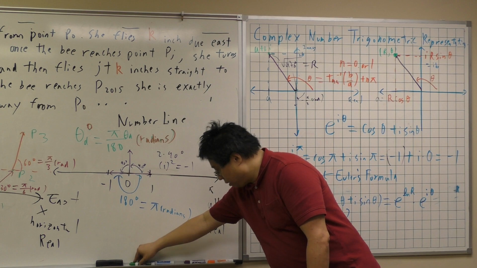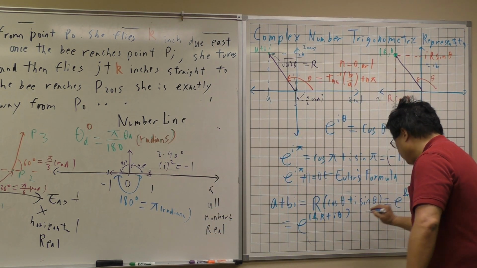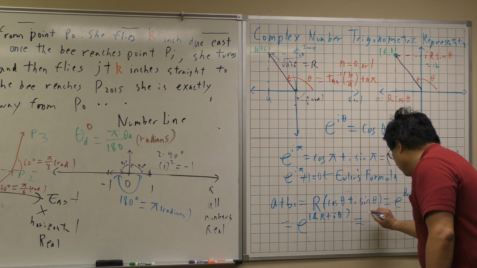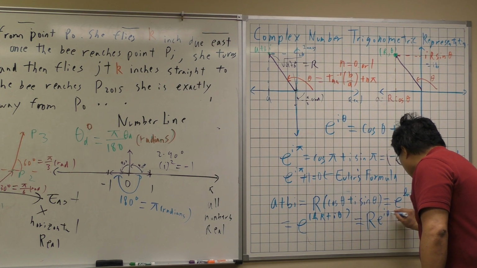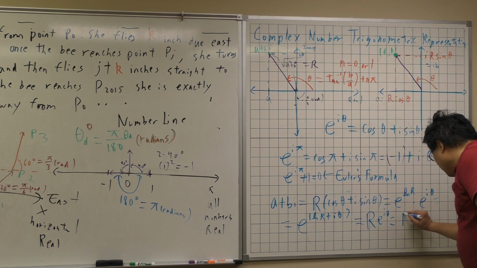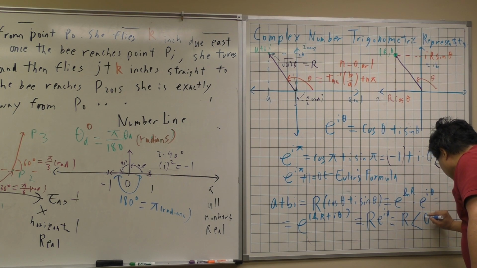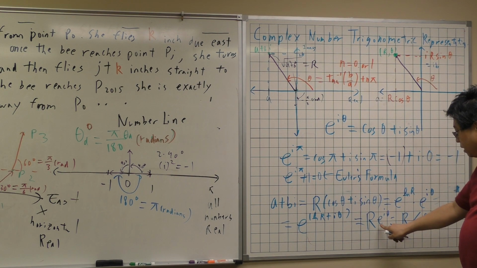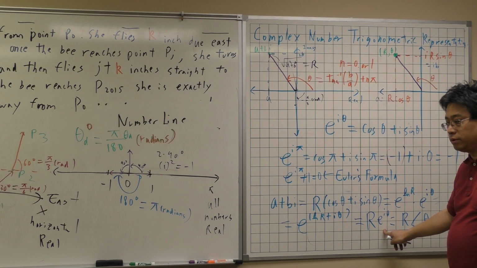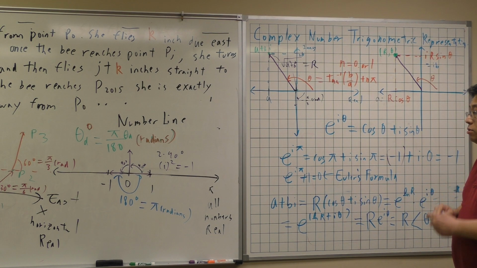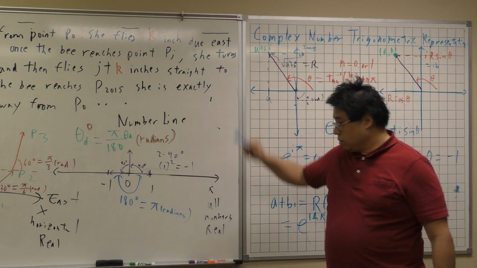Or another way to rewrite this is some number times e to the i theta, which I wrote as r, with this angle theta. That angle theta in the previous lecture is this e to the i theta. So let's use this to solve the problem.